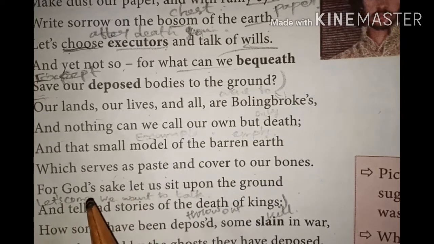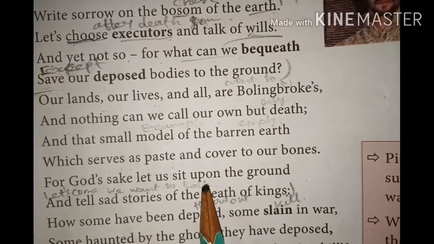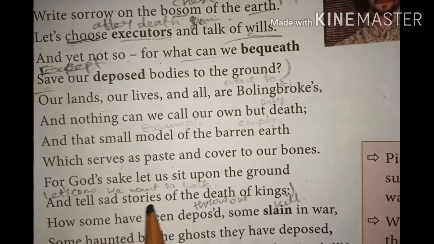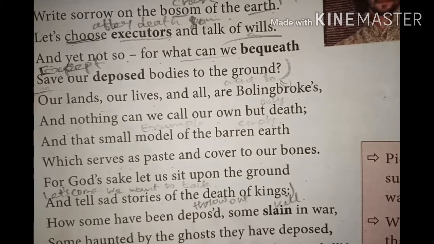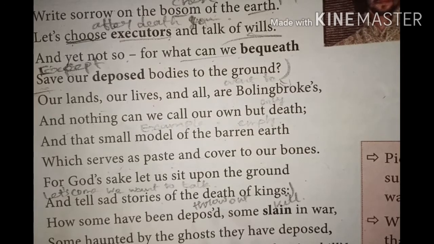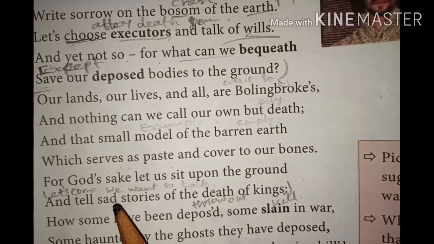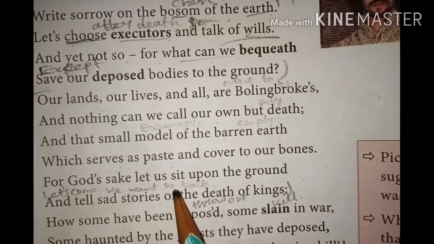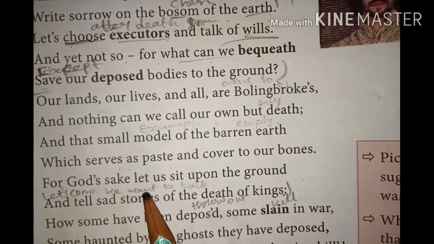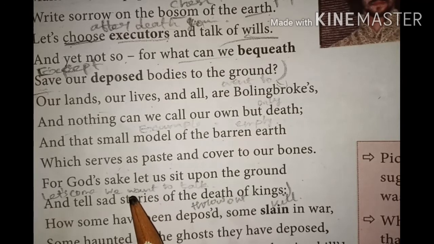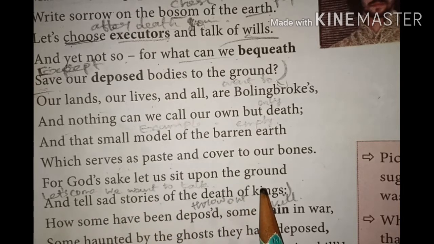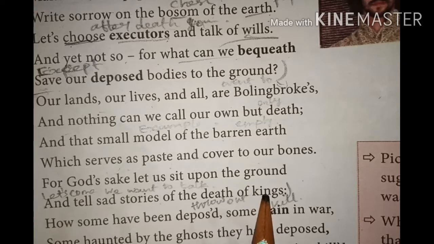Okay, next scene. "For God's sake, let us sit upon the ground and tell sad stories of the death of kings." Okay, the next two lines. Everything is for God's will. We are not able to stop anything, because it's God's fate. So now he calls the followers: come and sit upon the ground and tell sad stories of the death of kings.